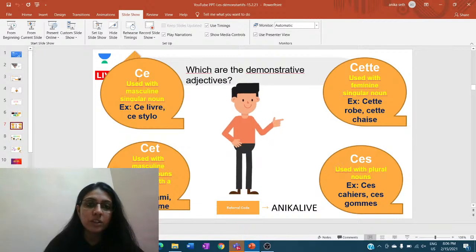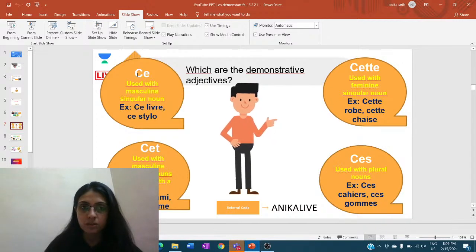First of all, the demonstrative adjective ce is used with masculine singular nouns. For example, if I write ce livre, ce stylo: livre and stylo are both masculine nouns and are singular, so we put ce.